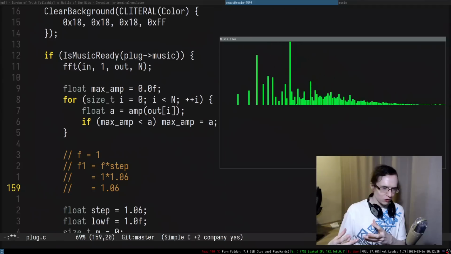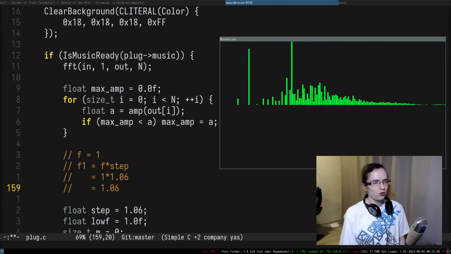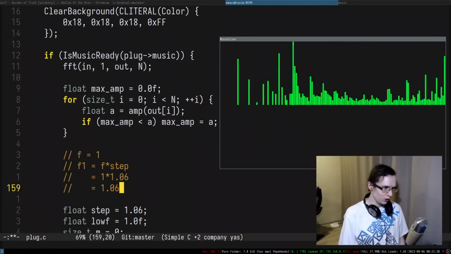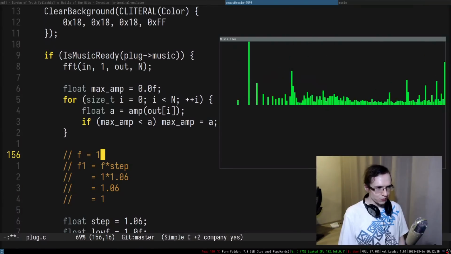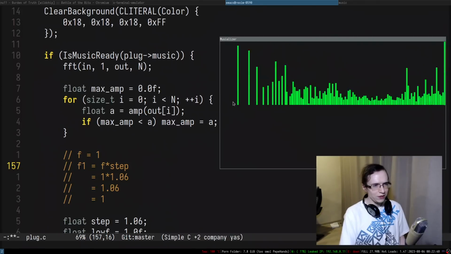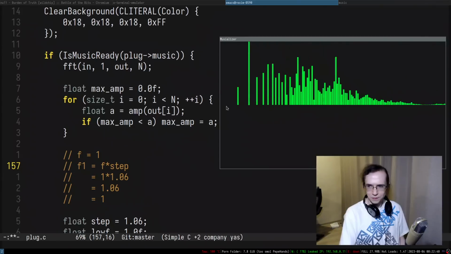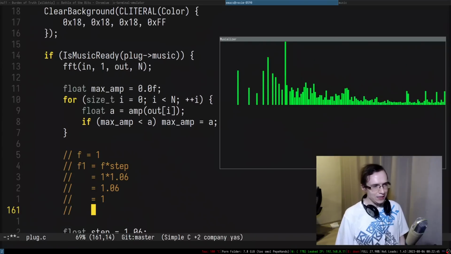And since we're not doing any sort of floor or ceil, it basically gets truncated into 1. So effectively f and f1 are the same frequency, so they're going to be displayed in the same place. And it will take a lot of time until it gets to at least 2.